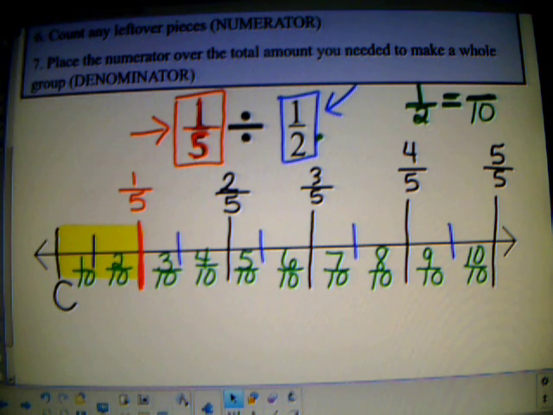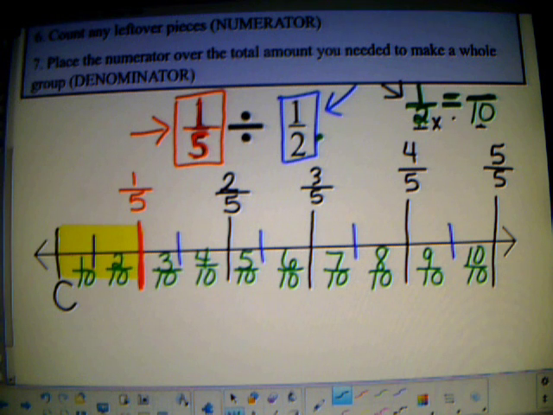So what I need to determine is, I'm still trying to find an equivalent fraction for my divisor. I need to know how many tenths are equal to 1/2.